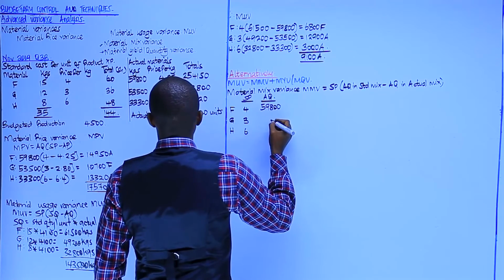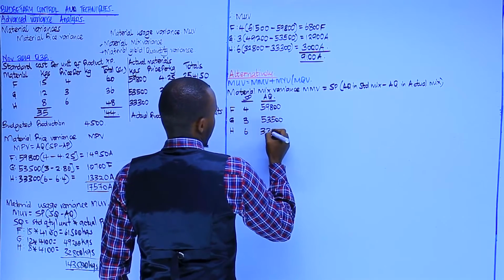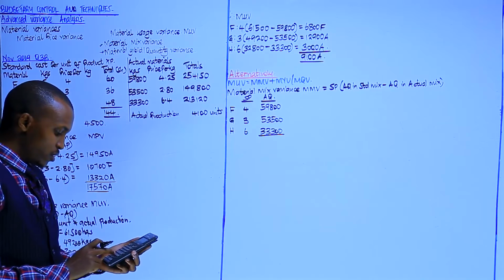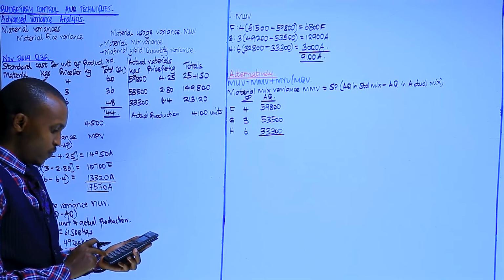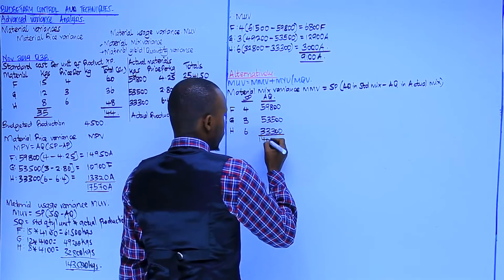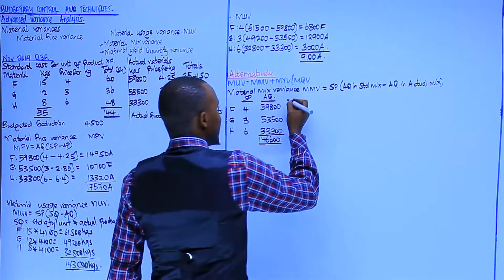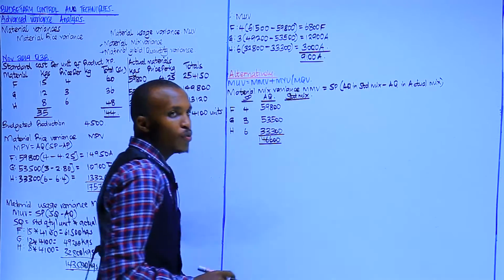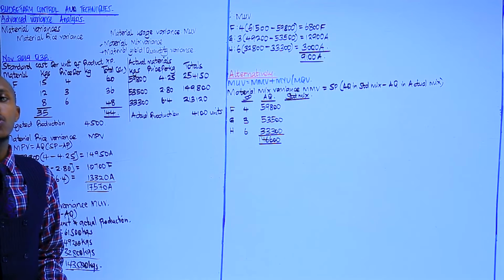59,800, 53,500 and lastly 33,300. So that the total kgs that resulted in you producing 4,100 units will be 146,600. Okay. Your standard mix is basically a ratio of how you are using your kgs to produce a single unit.